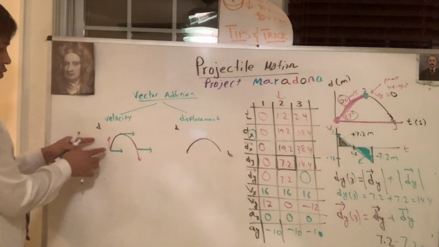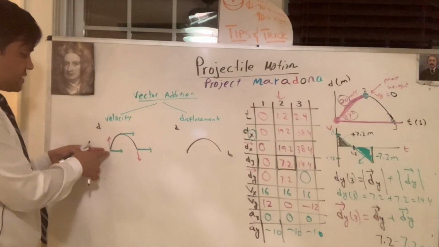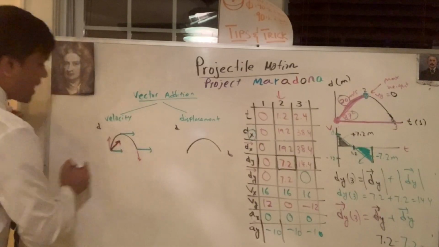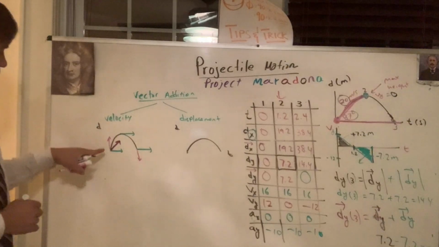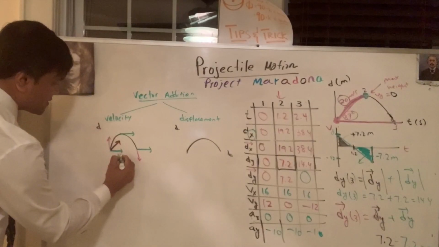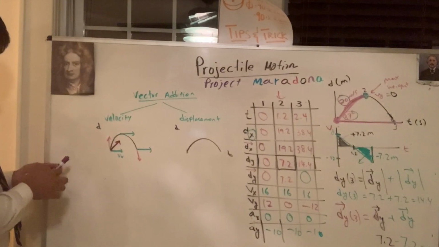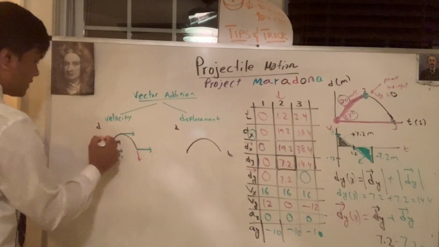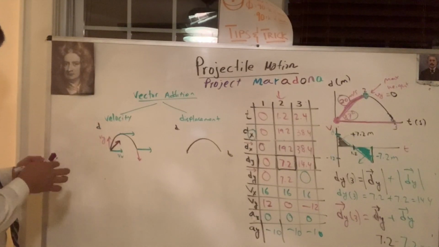Okay. So we're going to focus our attention at location 1. This purple color. So the purple vector, what is the purple vector? This is Vx. And this is Vy. And this is V initial.